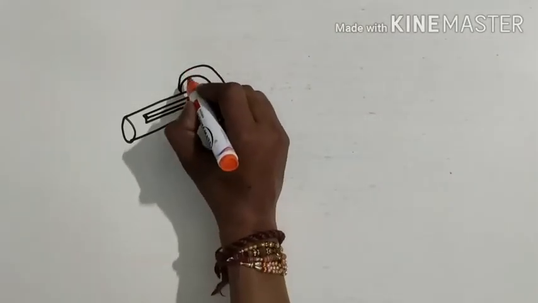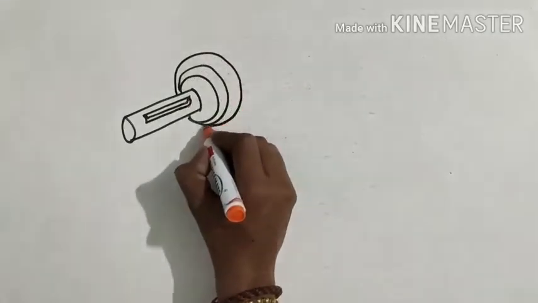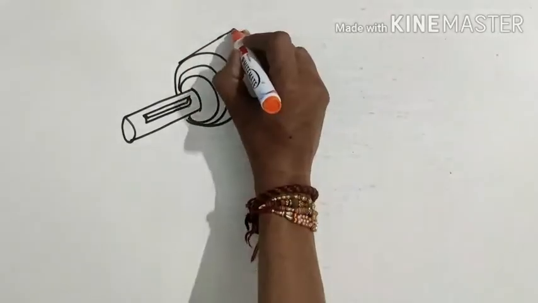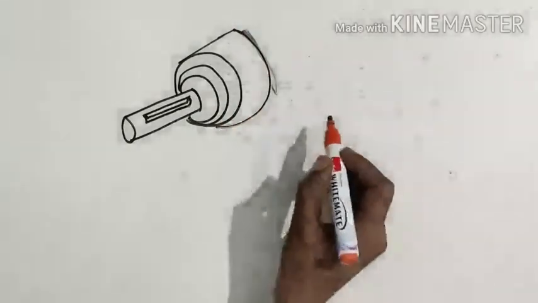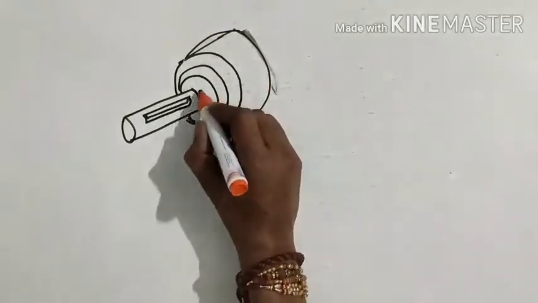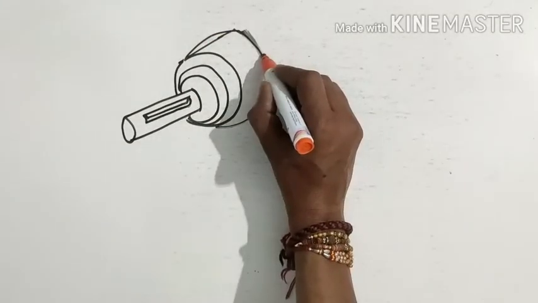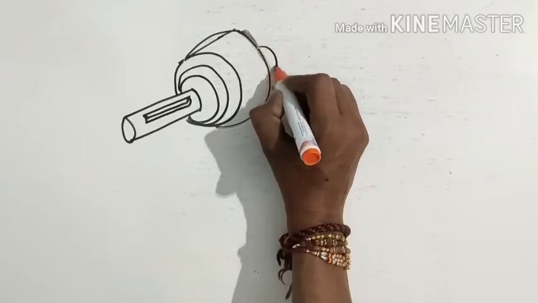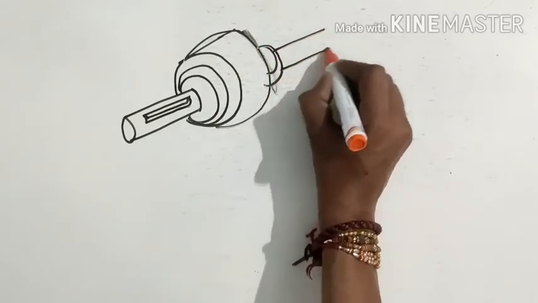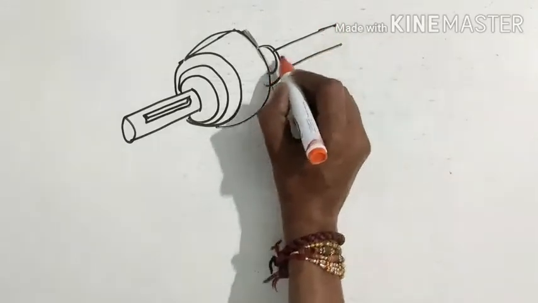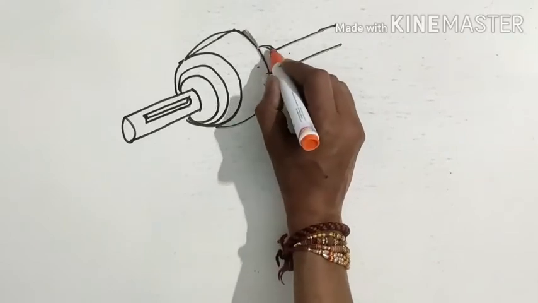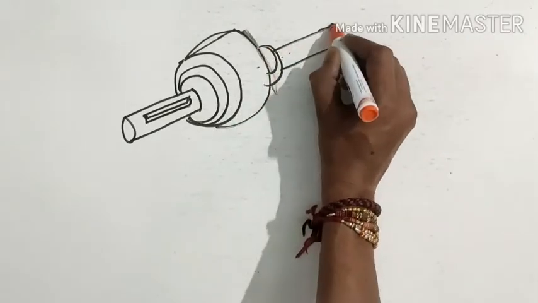Like one, and this one is your coupling. Now it has another hub on this side, and a shaft also of this diameter, same as the internal diameter of the flange or the diameter of the hub.